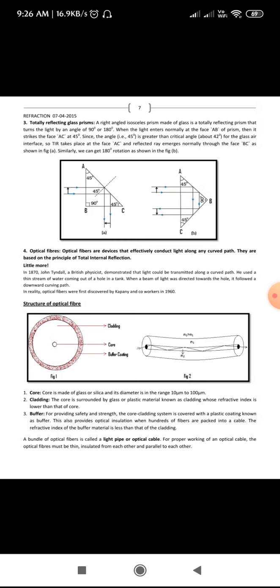See here, first of all, what do you mean by an isosceles prism? Anyone?